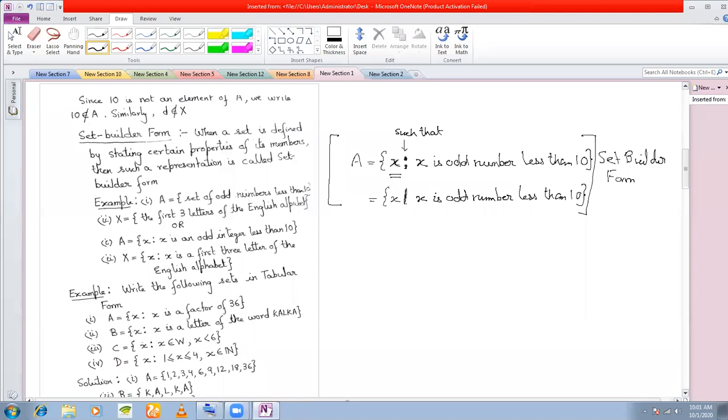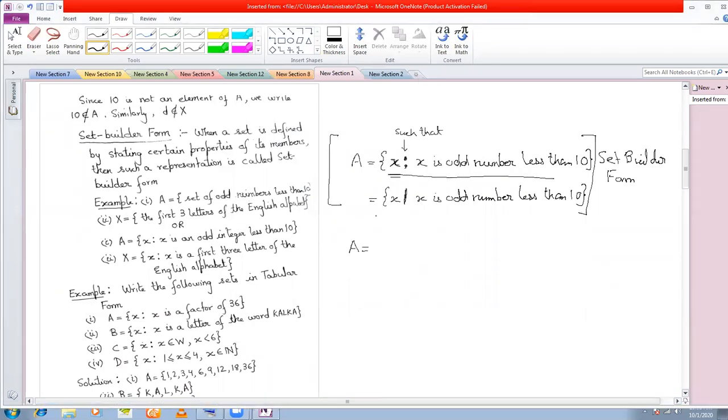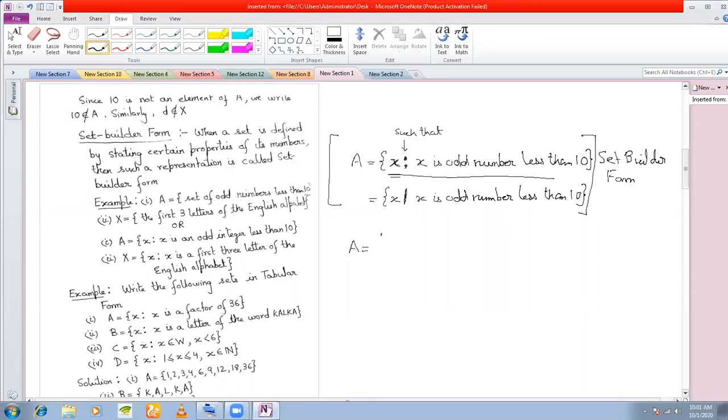Now, how to convert this set builder form to tabular form? If I want to write this set builder form, X is an odd number less than 10, then how will I write it in tabular form? If all the elements of this set are odd numbers less than 10, it means 1 is an element of this set, 3 is an element of this set, 5 is an element of this set, 7 is an element of this set, and 9 is an element of this set.